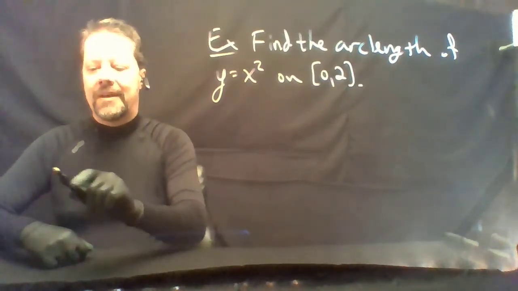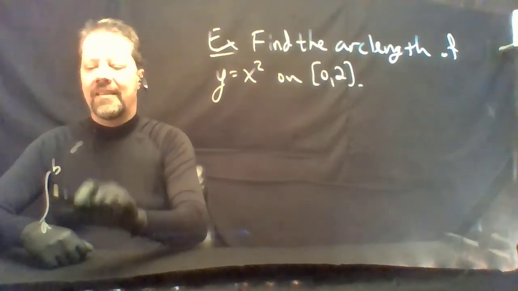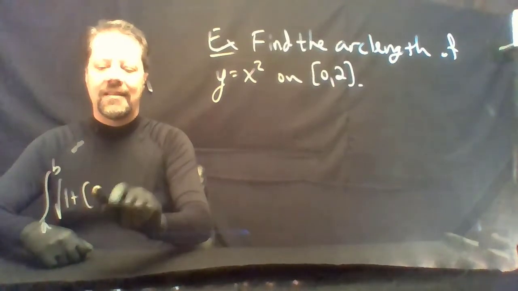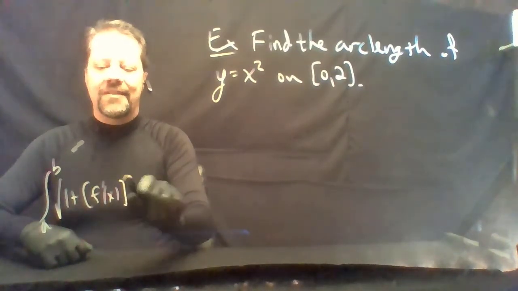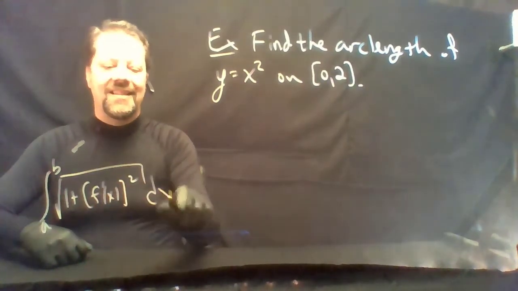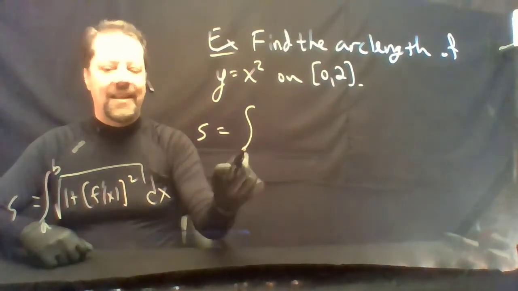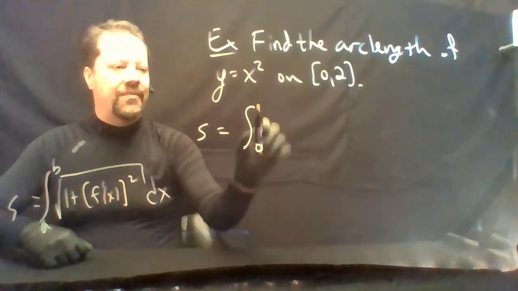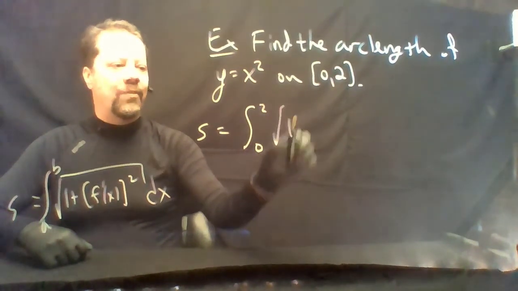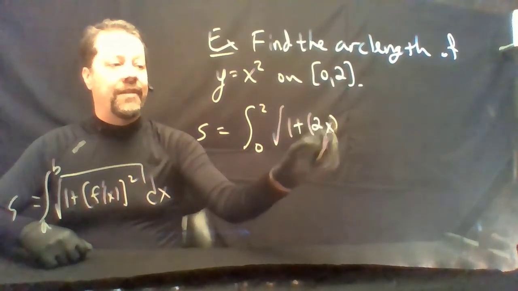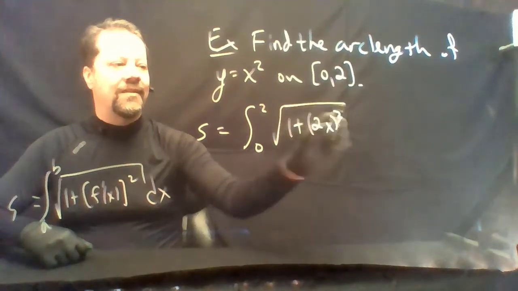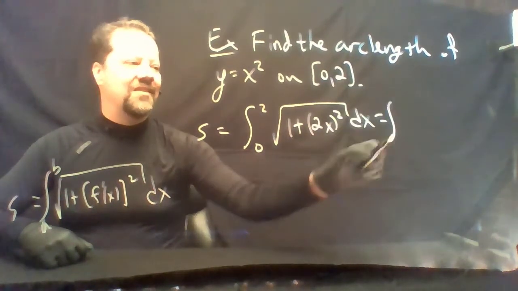Remember the formula was the integral from a to b of the square root of 1 plus f prime of x squared dx gives you the arc length. So for us, s is going to be the integral from 0 to 2 of the square root of 1 plus the derivative of our function squared dx.